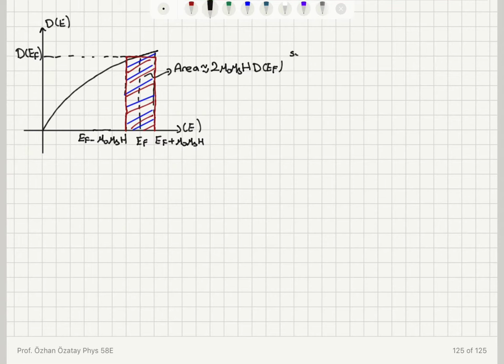With that, the total magnetic moment will be mu b over 2 times the area, 2 mu 0 mu b h times the density of states at the Fermi level, and the 2's will cancel.